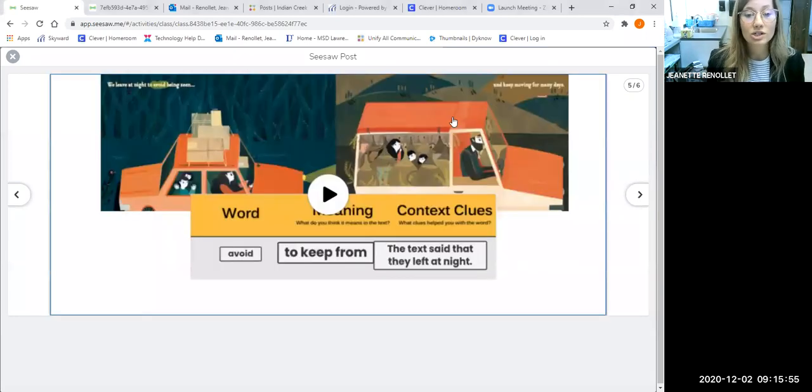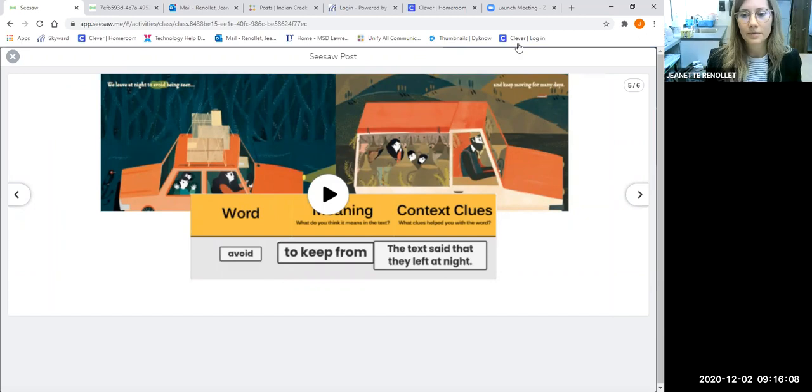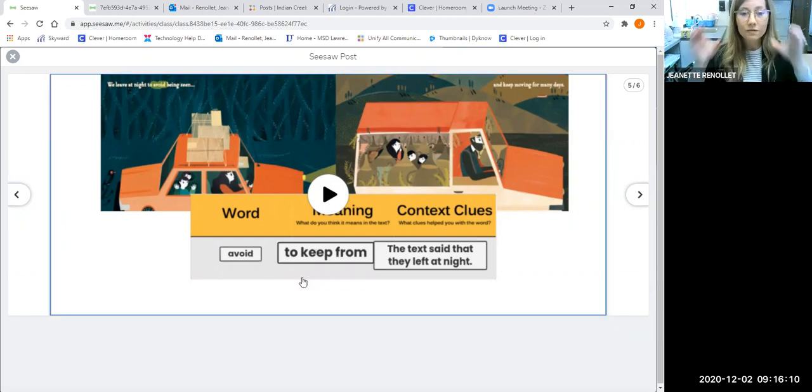We are going to watch an example from Mr. McKinney about how to use context clues to figure out the meaning of a word we don't know. I'm looking for friends who are focused on this example, thinking about Mr. McKinney's teaching.